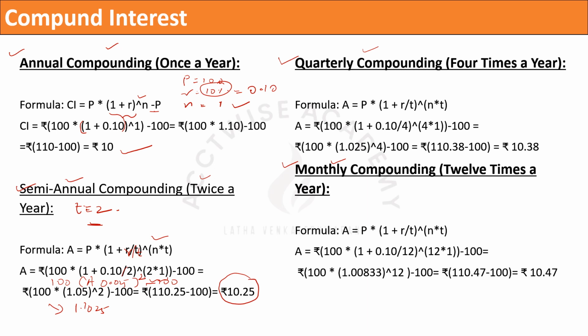Let us see how our interest changes when it is charged quarterly, that is 4 times a year. What is T now? Since it is charged 4 times a year, T is 4.